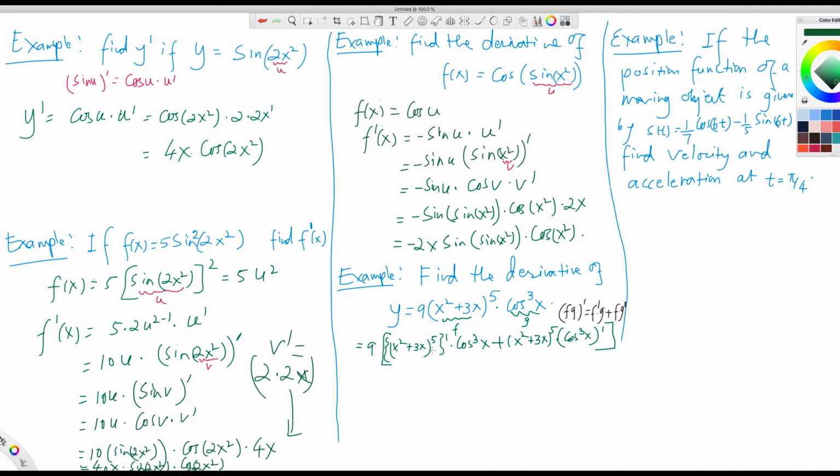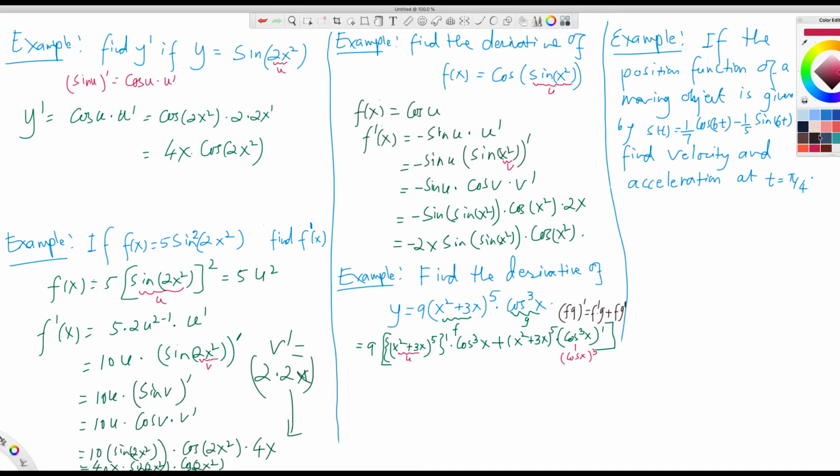Okay, so here you are trying to find the derivative of x squared plus 3x to the 5, right? So you can think of this as u, and here there is a derivative term, so you can write this as cosine of x cubed and then prime of that.